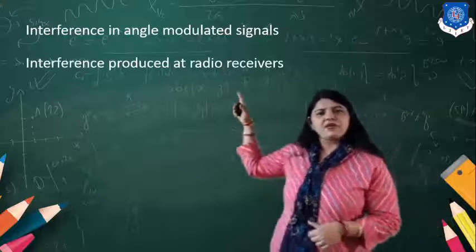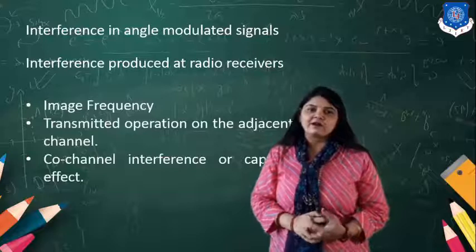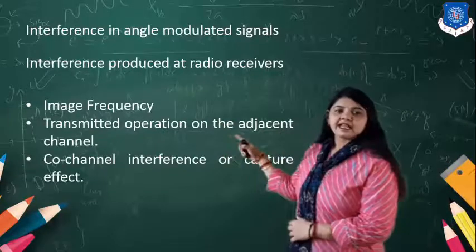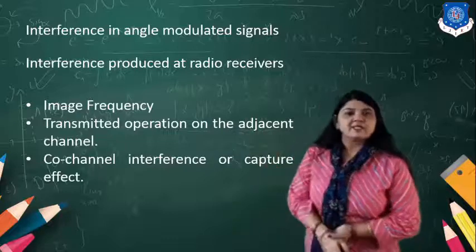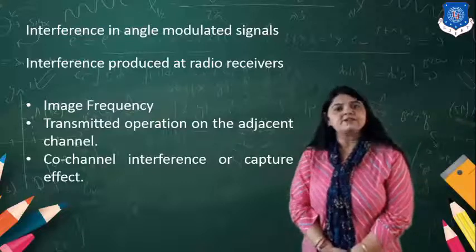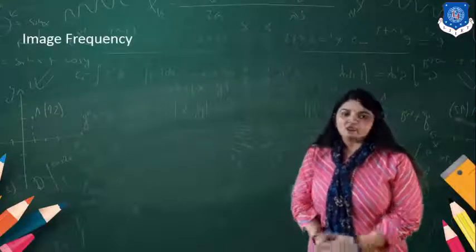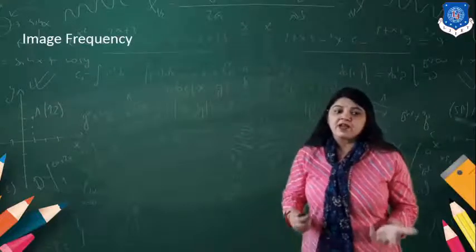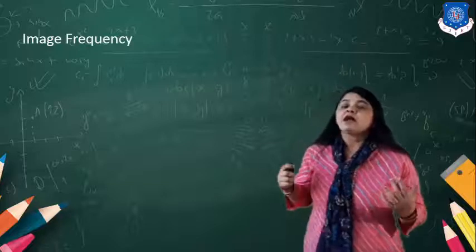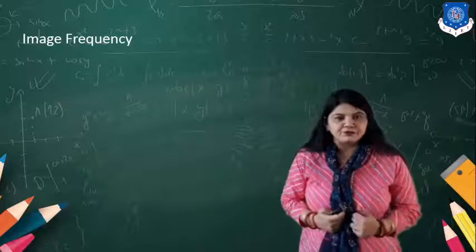The interference produced at radio receivers are: the first is the image frequency, the second is adjacent channel interference, and the third is the co-channel interference or the capture effect. One by one we'll see what happens and what the effect of all this interference is, and how we can say which system is more immune to noise.